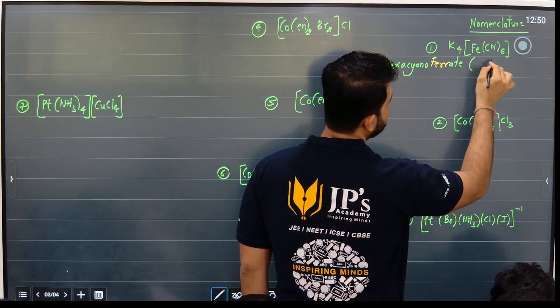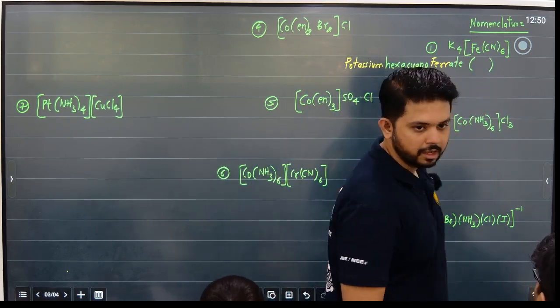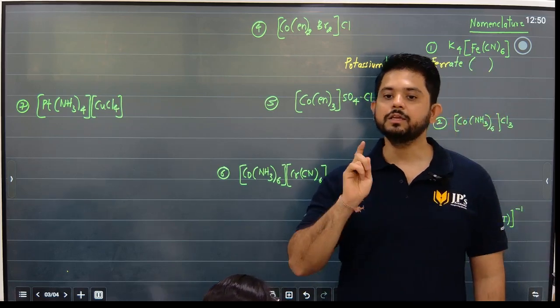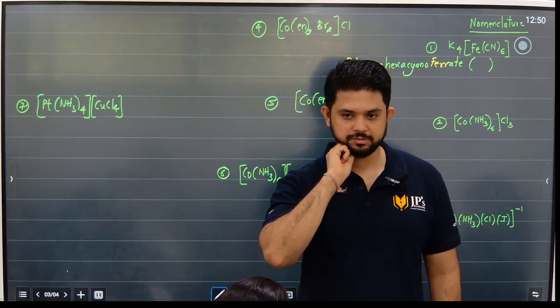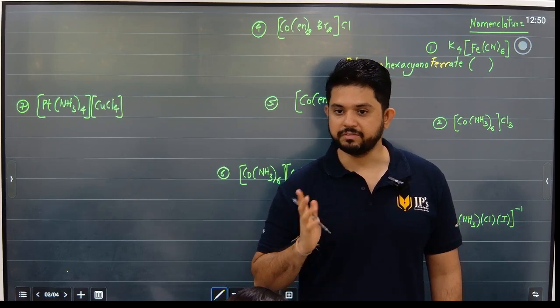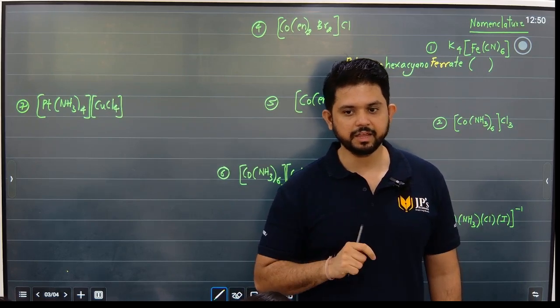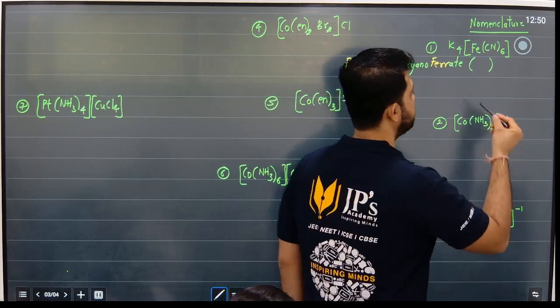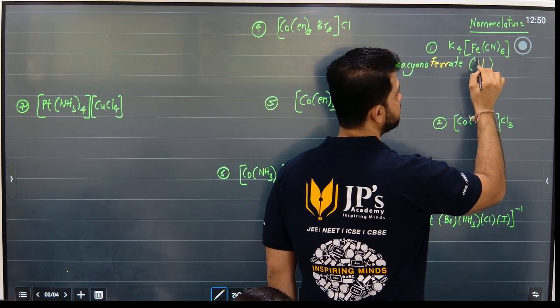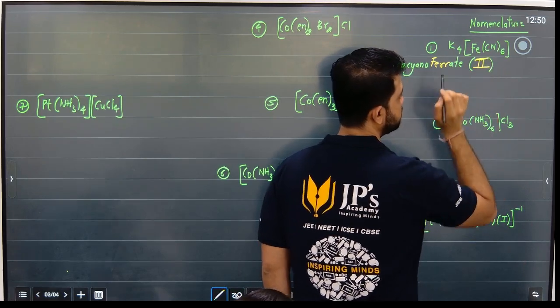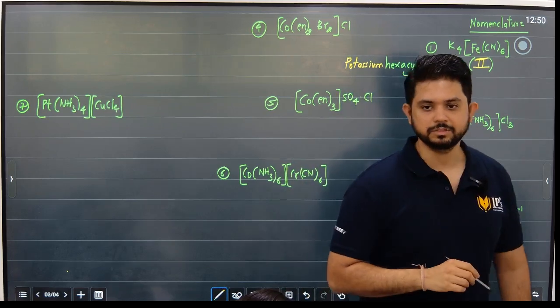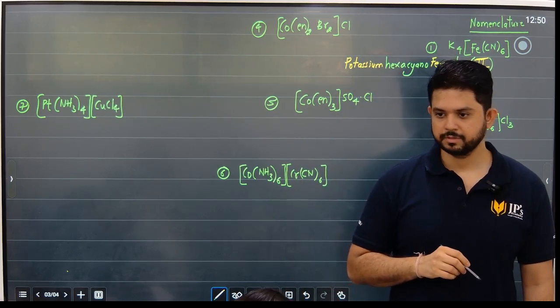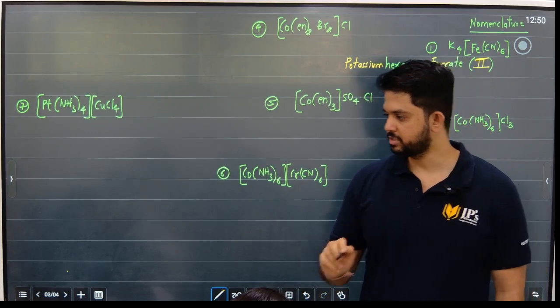And then in round brackets, you add the oxidation number, the primary valency. What is the oxidation number of Fe here? +2. So in Roman numerals you write II. That's the nomenclature. Understood? Let's do the second one.